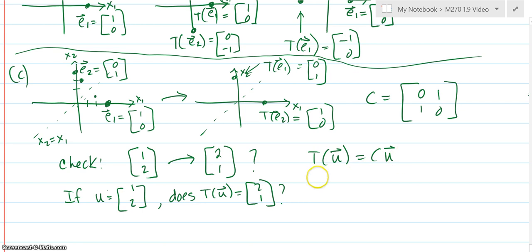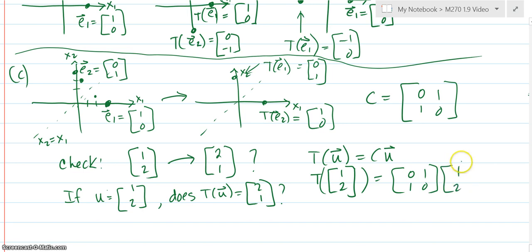So therefore we have T of 1, 2 is equal to C, which is 0, 1, 1, 0, times the vector 1, 2. And let's see what we get. The first row in this column gives us 2. And then the second row, it does.